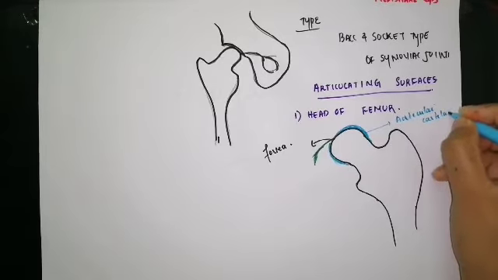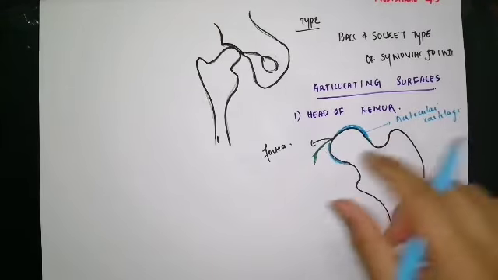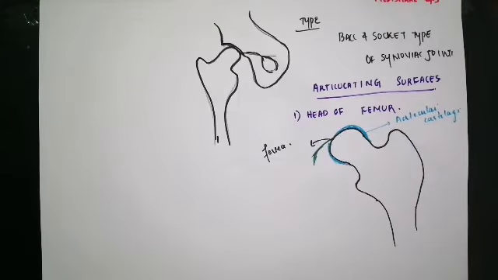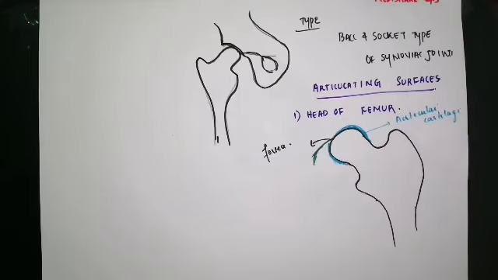It is actually hyaline cartilage which is covering the head of the femur except an area at the center, which is called the fovea, and attached to the fovea you have the ligament of the head of the femur. So that is about the articulating surface on the head of the femur.